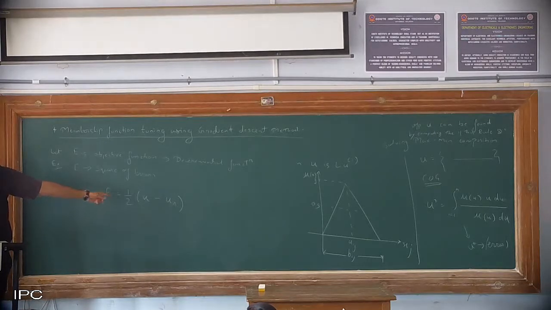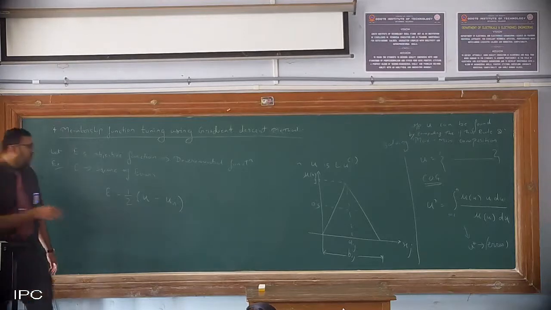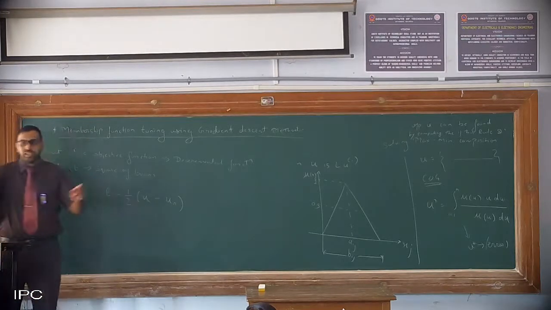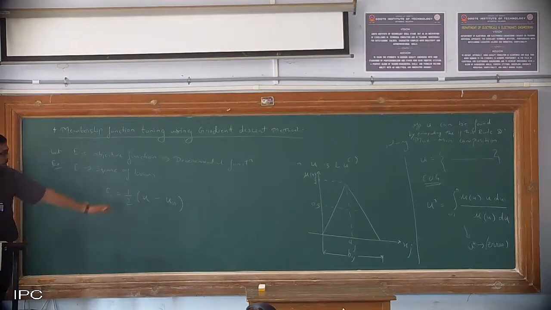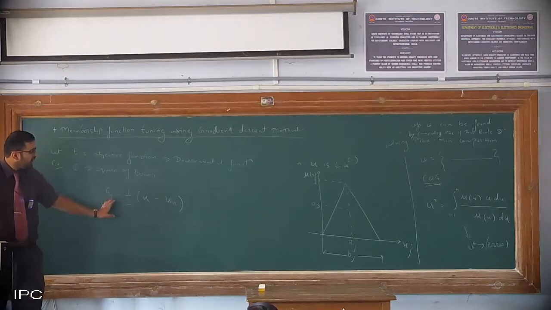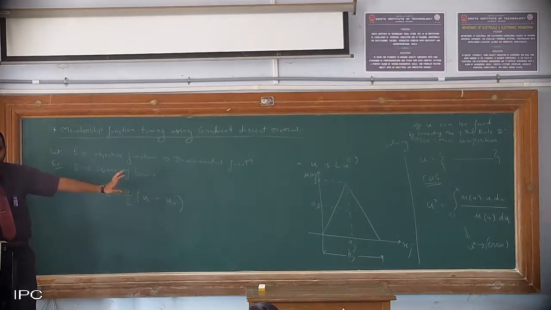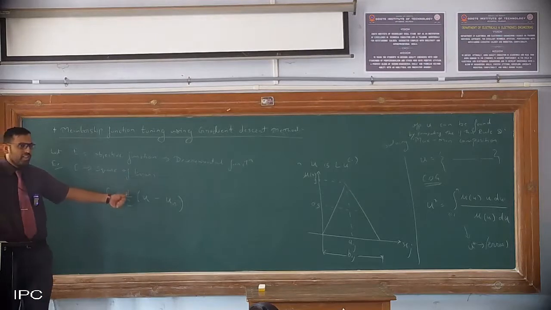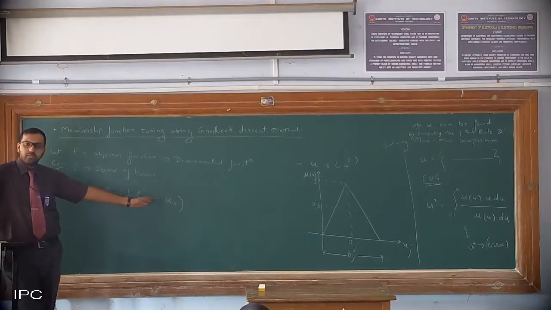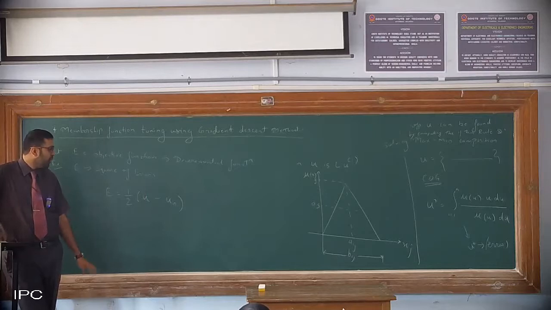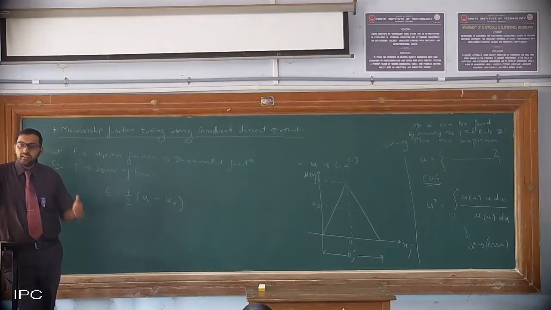So we are taking the difference. Instead of this, you can even take the mod so that it is always positive. Divide by 2, some equation they have taken so that it becomes a proper value. This is also not required. You can even take E is equal to U minus UR also. But the textbook example is 1 by 2 in brackets U minus UR. So this is nothing but my error.